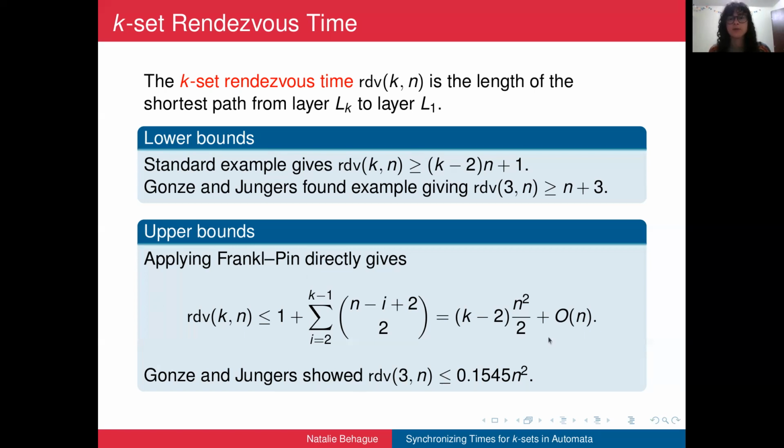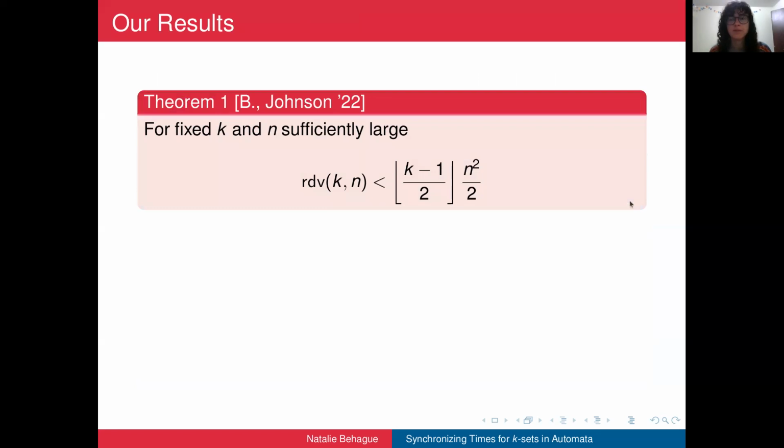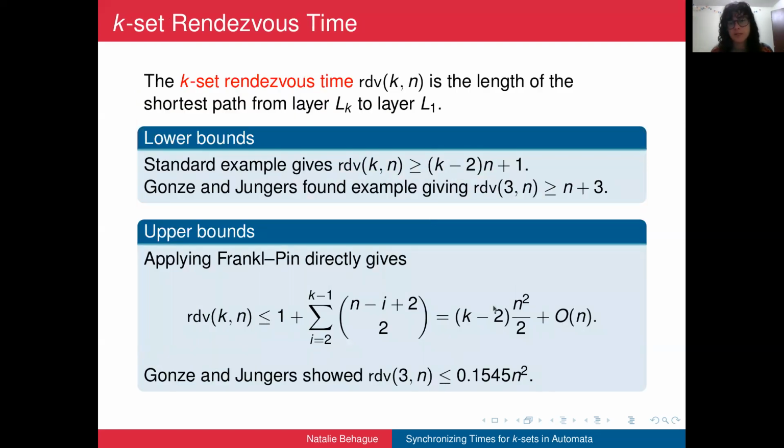Okay, so what have we done in terms of this k-set rendezvous time? Well, first of all, we've proved a general theorem, which has a very nice and simple proof, actually, that's an improvement on the upper bound for the k-set rendezvous time in general. The Frankel-Pin bound was k minus 2 over 2 times n squared.